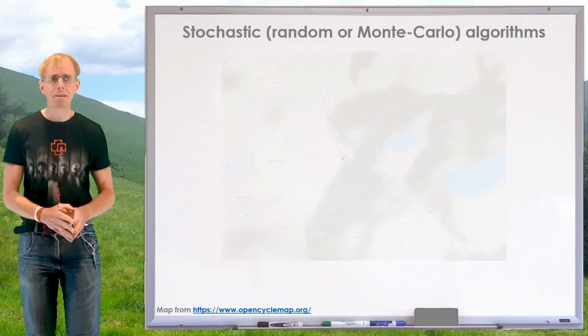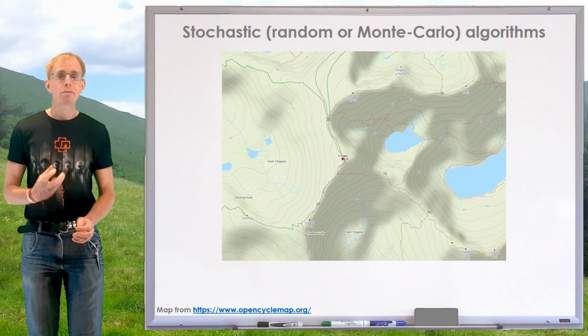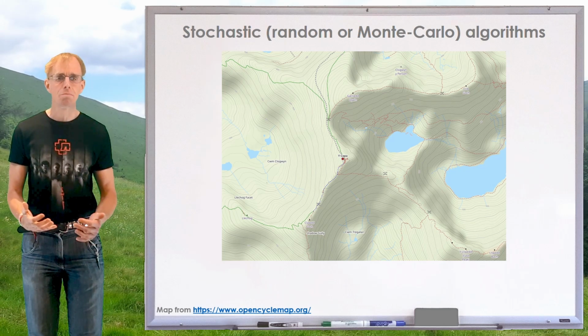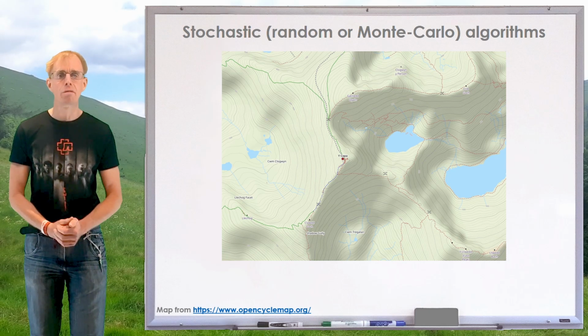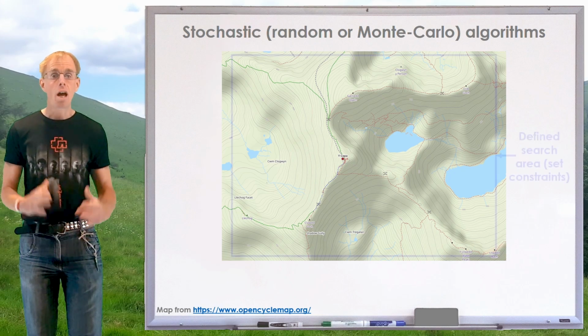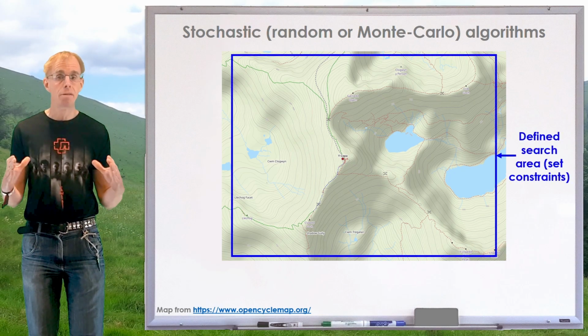Now, there's other types of minimization algorithm. Another very basic type is called a stochastic algorithm. It's a random choice. They're also called Monte Carlo algorithms after the game of chance in Monte Carlo. So what we do in this case is we say, I think my minimum lies in this particular area.